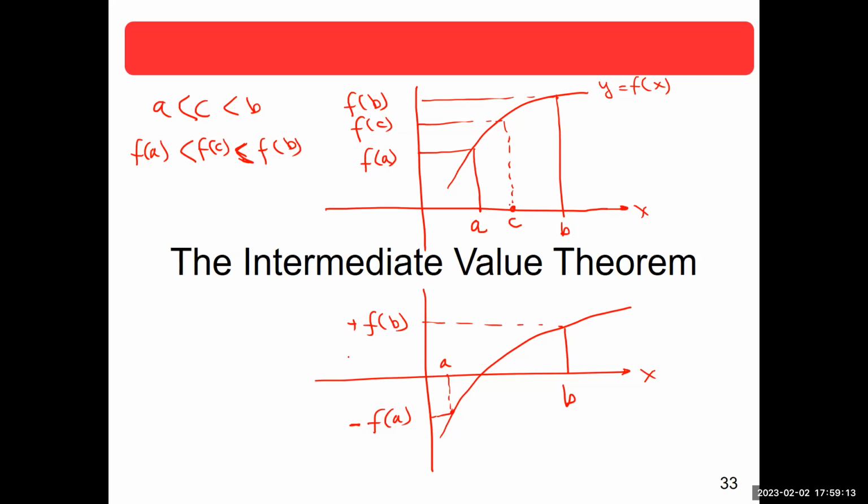Now, you notice this function here, f(x), intercepts x in here. Let's call this point c. How much is f(c)? Well, because this is on x, it does not have any y; y equals 0.